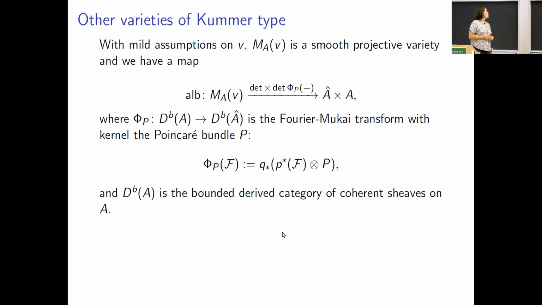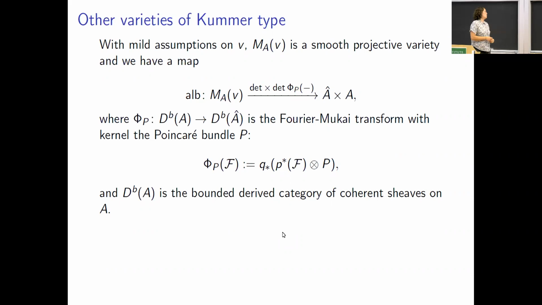And then the map I want to consider is slightly different. I can take the determinant. This is going to take any sheaf and spit out a line bundle. So I can think of that, up to translation, as a point of A hat. And then I can take the determinant of the Fourier-Mukai transform of my sheaf, which is a fancy way of taking a sheaf on A and spitting out a sheaf, or maybe a complex of sheaves, on the dual abelian variety.